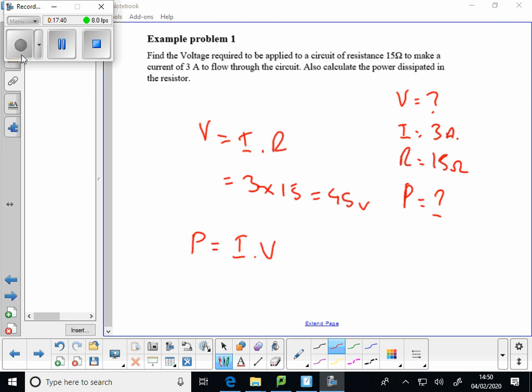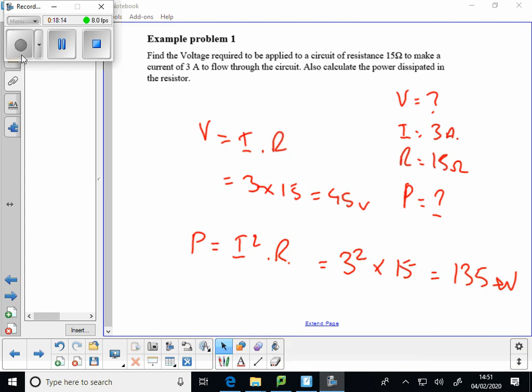And you make a good point, either that or you've screwed it up. What formula could we use that only uses the two pieces of information we've been given in the question? So let's change that to I squared R, which is 3 squared times 15. 135 watts.